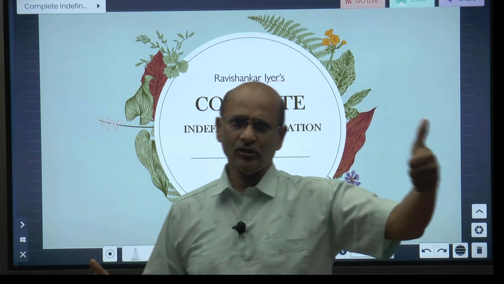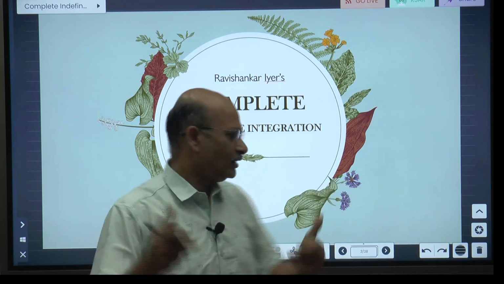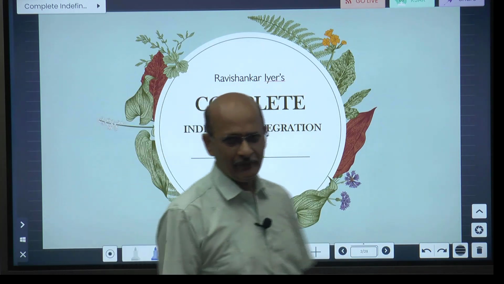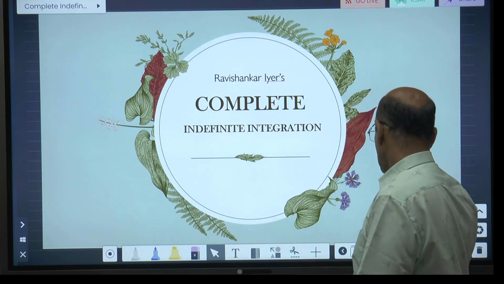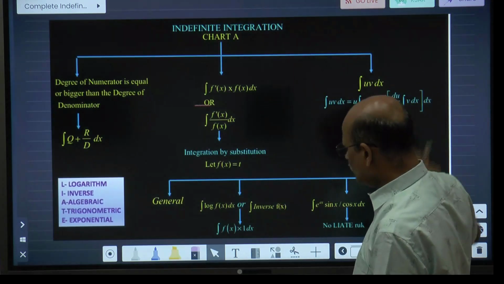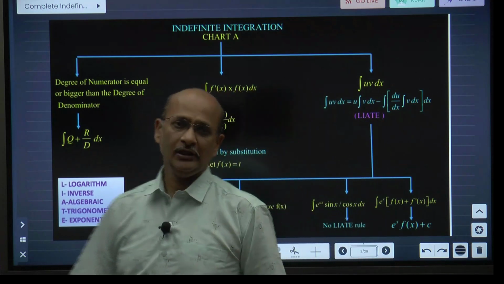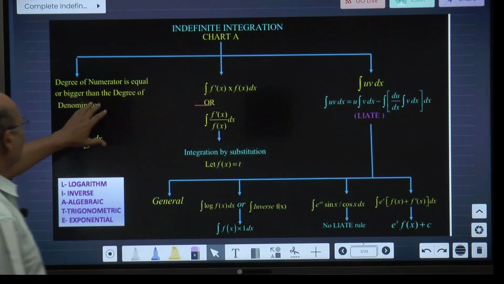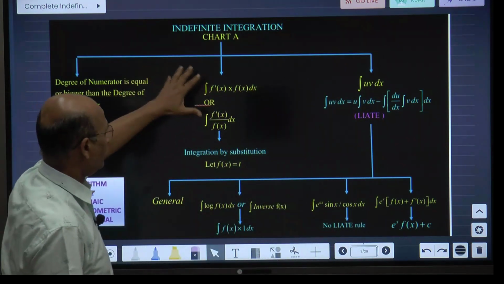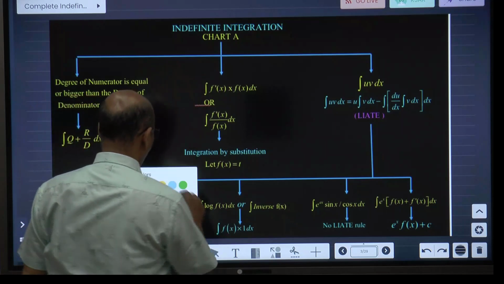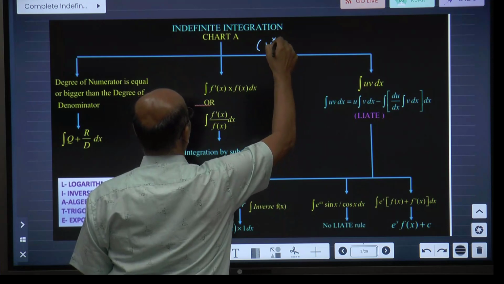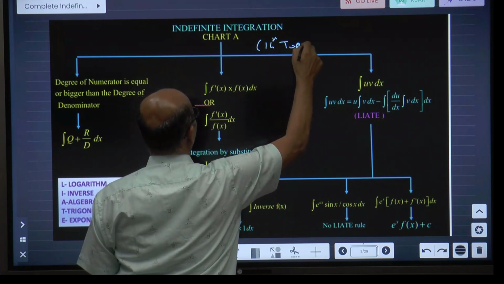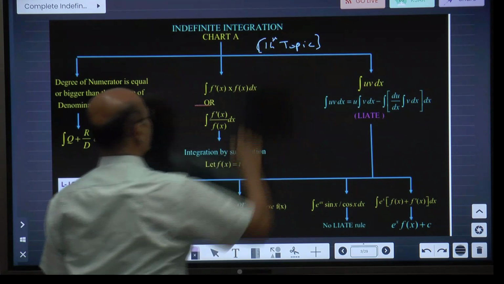So the core methods of integration, what you have here, as I said, is the full set of core methods available here. This particular coverage of your topic is basically the 14th topic, which is nothing but standard methods of integration.